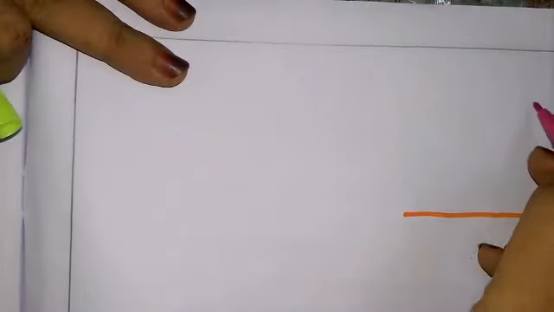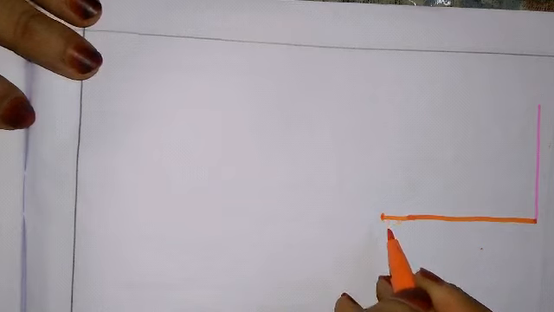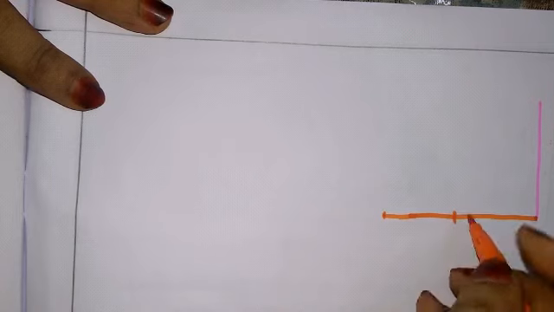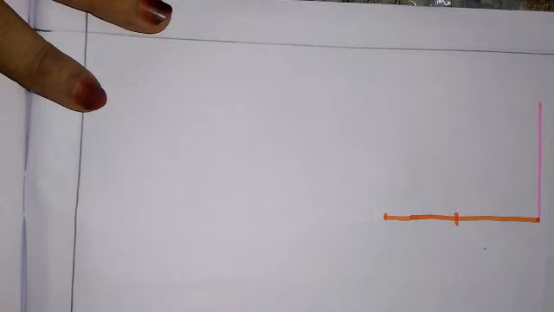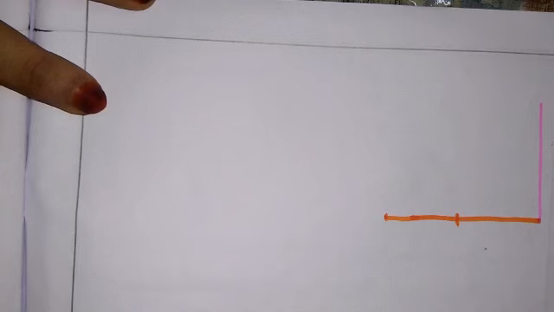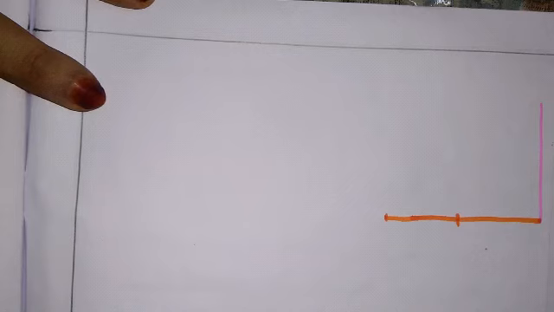Okay, let me draw the figure here. Let us draw one tower. Okay, this is the tower, and here this is the baseline. The angle of elevation of the top of the tower is from two points, 4 meter and 9 meter away from the base of the tower.